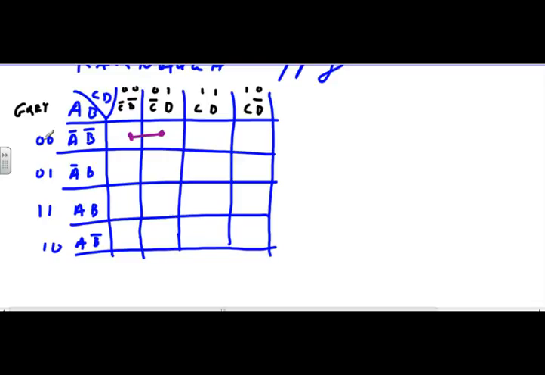So I go from 0, 0, 0, 1 to 0, 0, 0, 0. If I look at this spot here and I go to there, only one thing changes. I went from 1, 1, 1, 1 to 0, 1, 1, 1. See how that works?